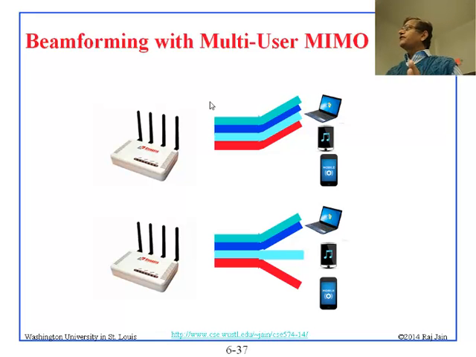The colors are confusing because these are not different frequencies, they are the same frequency. This is channel 1, channel 1, channel 1. So we are sending 4 streams on channel 1 here. Here we are sending 2 streams, 1 stream and 1 stream. You understand? On the same frequency, at the same time, we are talking to multiple people.